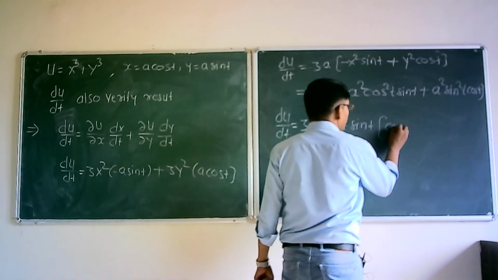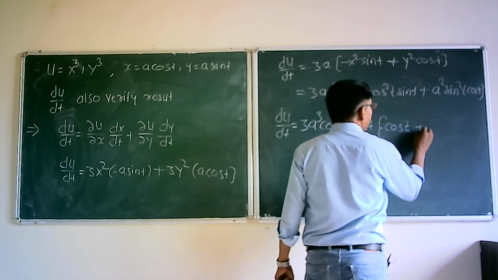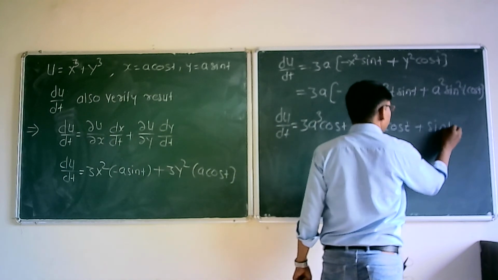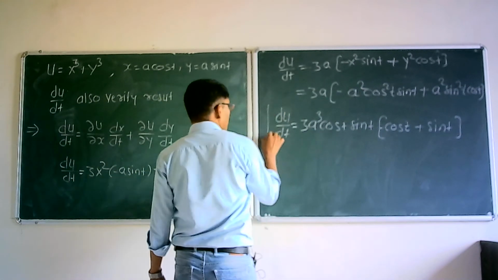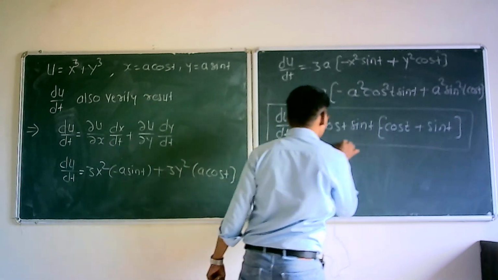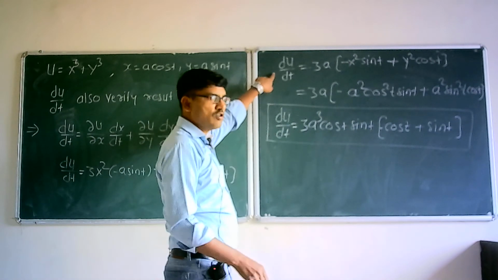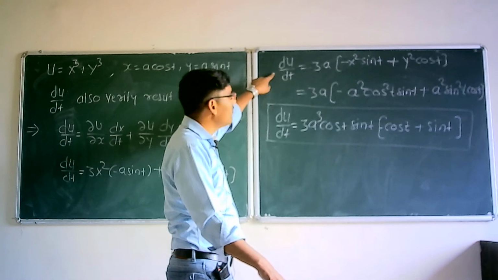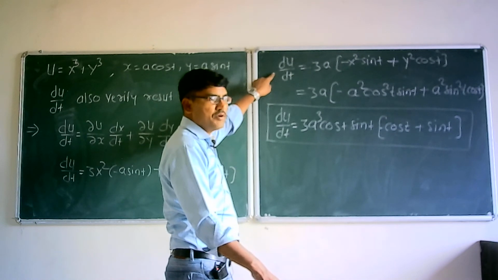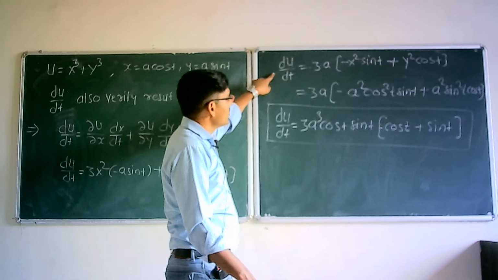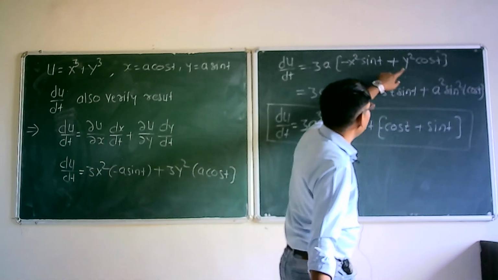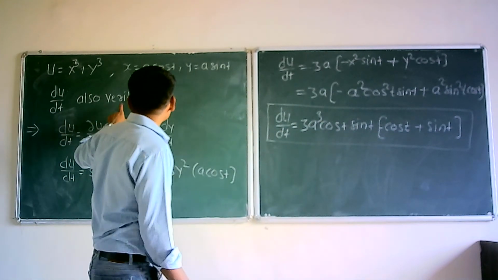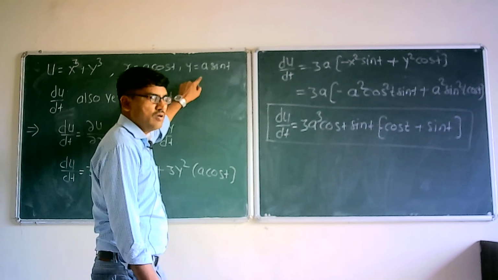Here minus cos t and here plus sin t. So this is du by dt in terms of t. This is also a final answer, but since we want to verify our result, we write our total derivative du by dt in terms of t. That's why we put again the values of x and y. So x is equal to a cos t, y is equal to a sin t.